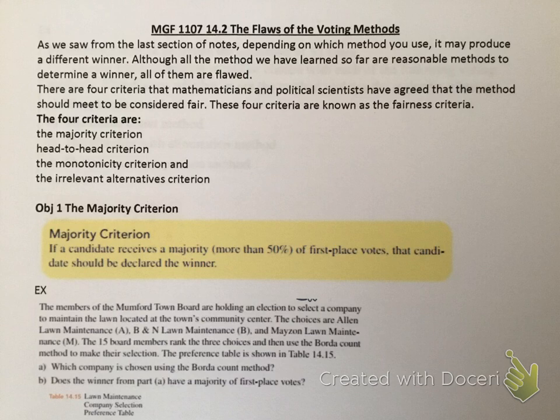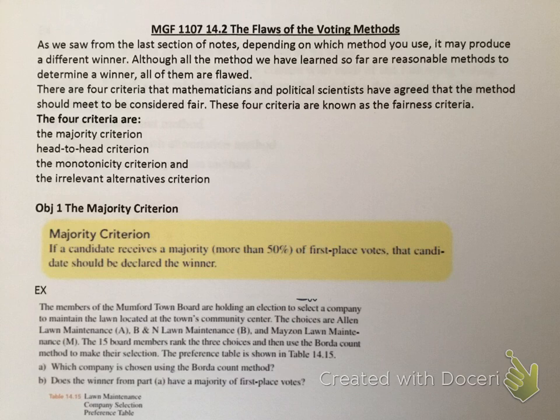So we saw from the last section that depending on which method you use, it may produce a different winner. And although the methods we have learned so far are reasonable methods, all of them are flawed. There are 4 criteria that mathematicians and political scientists have agreed that a method should meet to be considered fair.